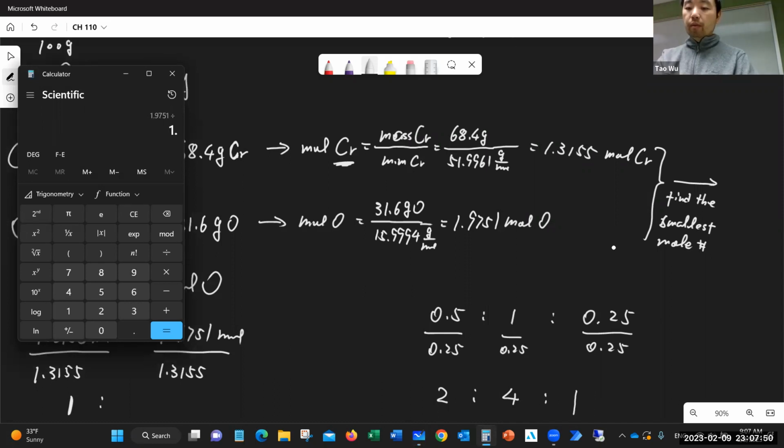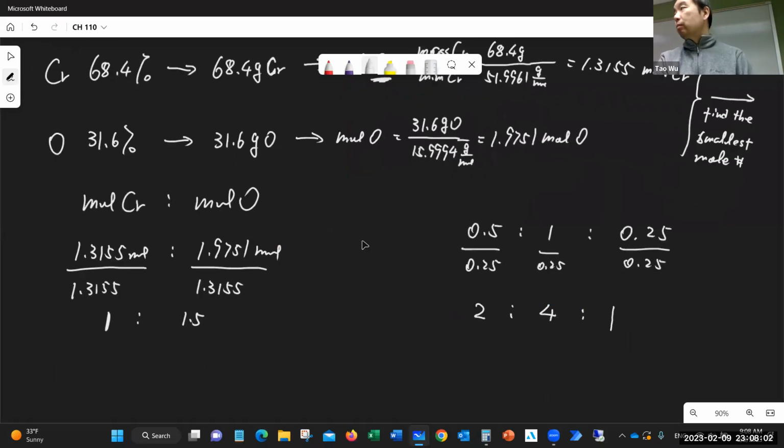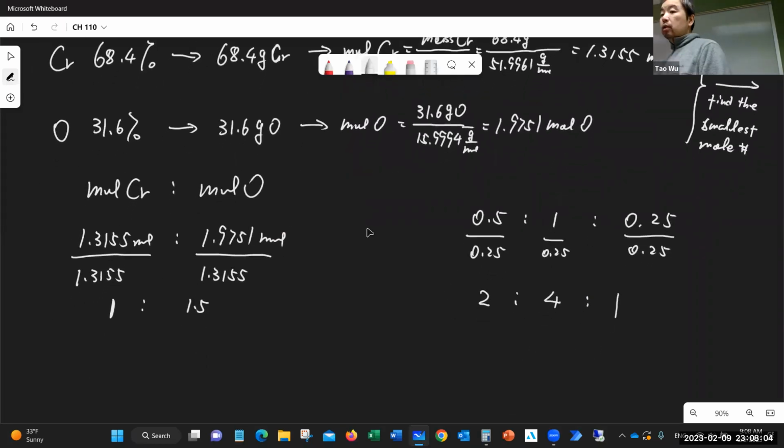1.9751 divided by 1.3155, and you got 1.501. So this one is 1.5. Again, this is 1.5. It's still not a whole number. In some cases, if you have a number like 0.5, you don't round those numbers.